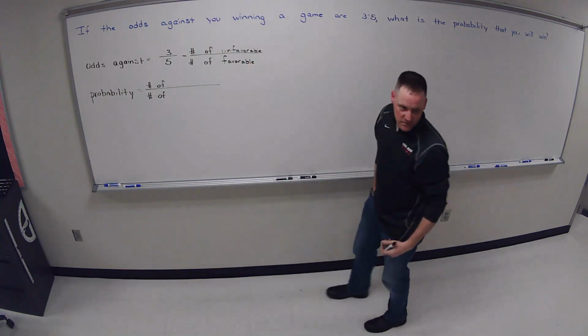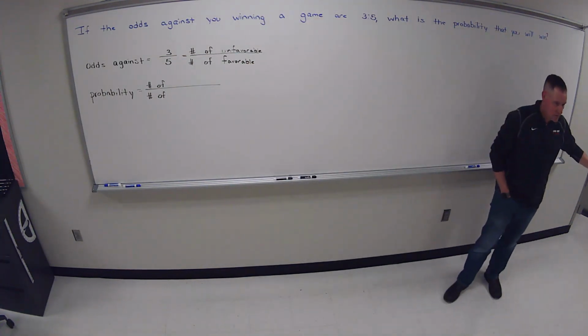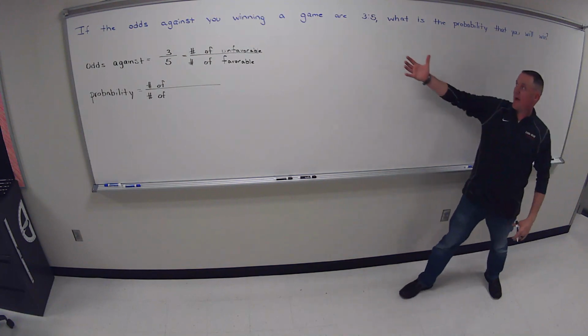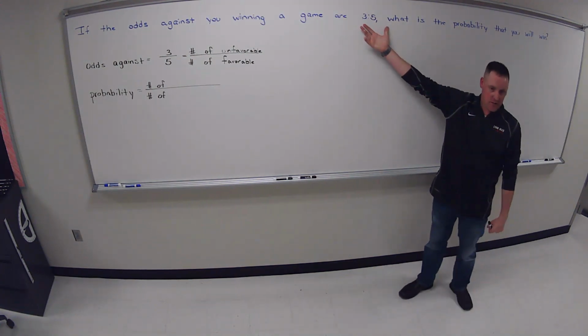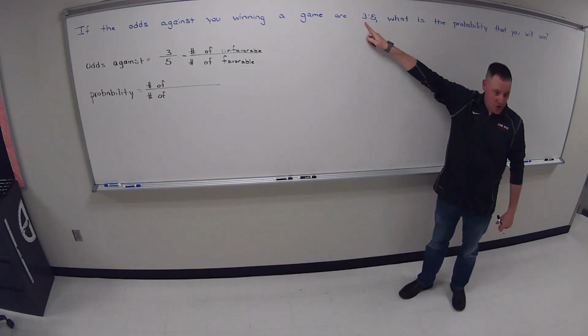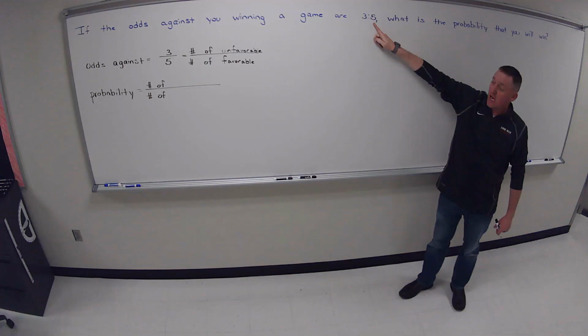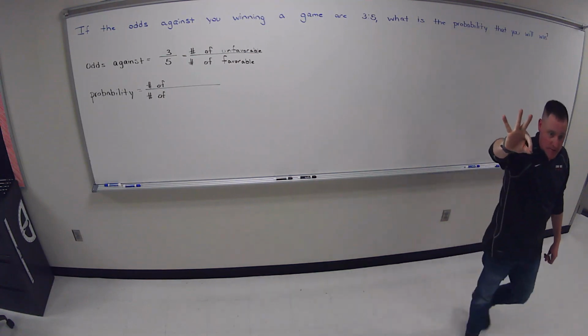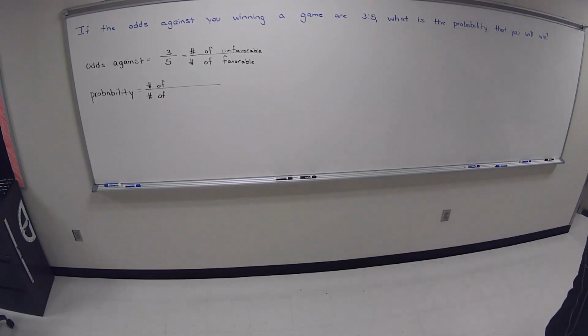Does that make sense to begin with? So now let's go back to this 3 to 5. Here's what it's telling us. 3 times you're not going to get what you want, but 5 times you will. So I'm going to lose this game 3 times, but I'm going to win this game 5 times.